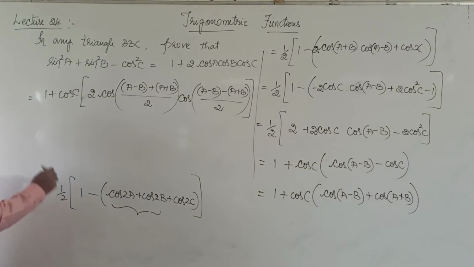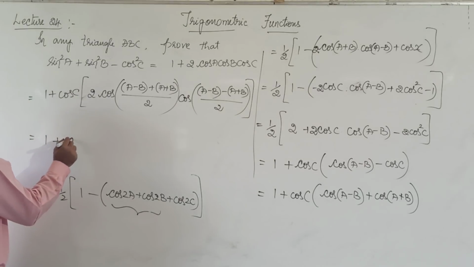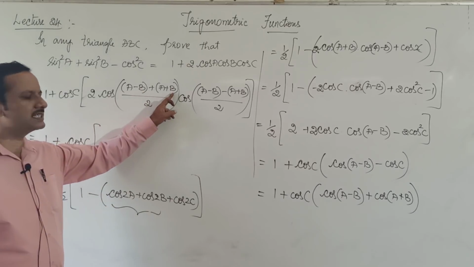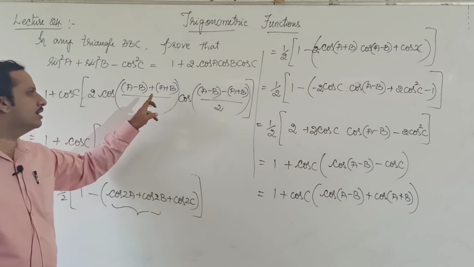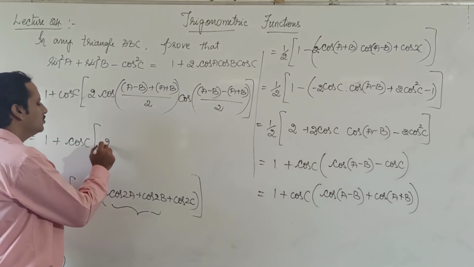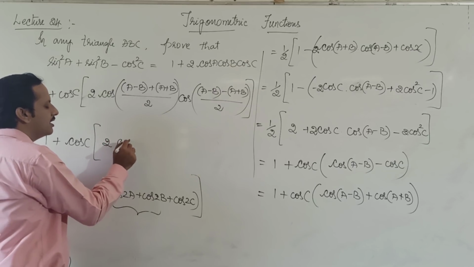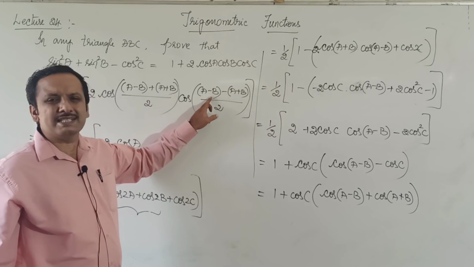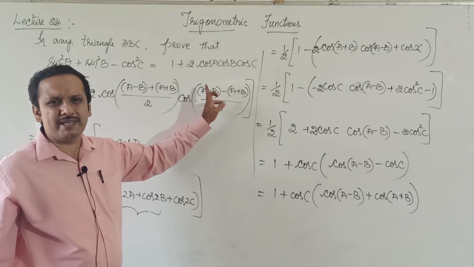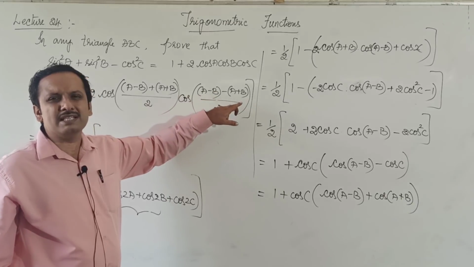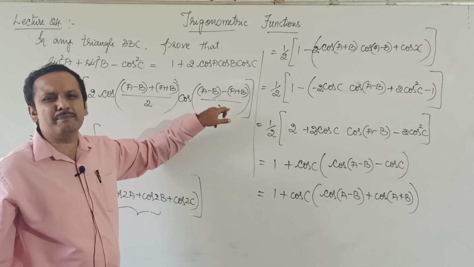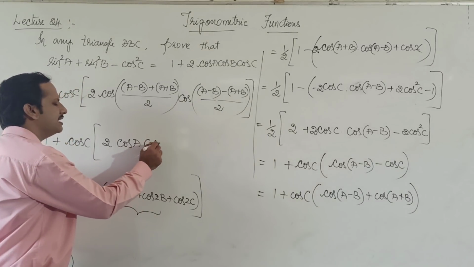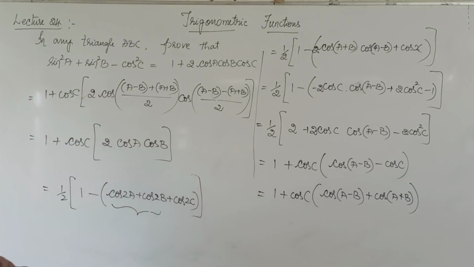That's equal to 1 plus cos C into, here B gets cancelled, A plus A is 2A, 2A by 2, that is A, cos A. Here A minus B minus A minus B, A gets cancelled, minus B is minus 2B, minus 2B by 2 is minus B, but cos of minus B is the same as cos B.